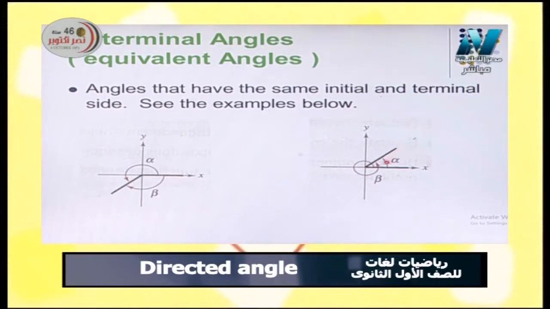So alpha and beta, which return to the same terminal side, we call coterminal angles or equivalent angles.